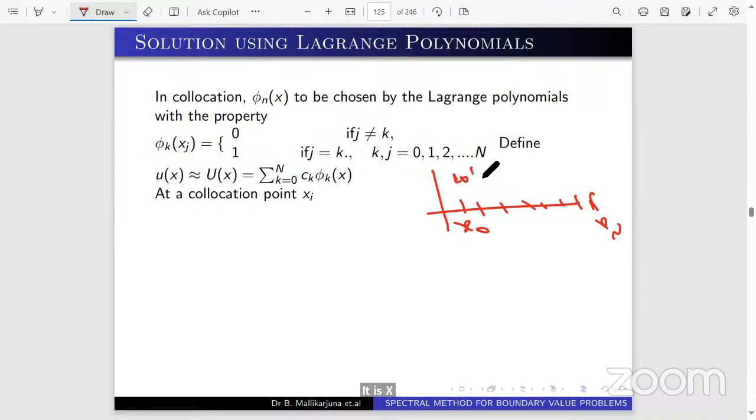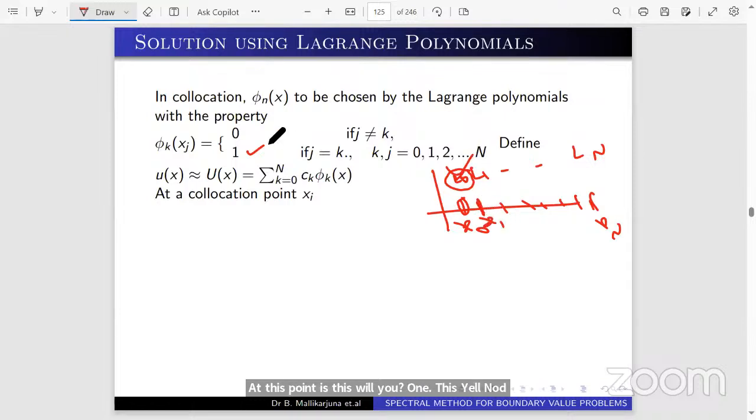There are L naught, L1 and so on up to Ln Lagrange polynomials. The Lagrange polynomial L naught at x naught gives 1. This L naught polynomial at the x1 point gives 0. So this function gives either 0 or 1 according to the Lagrange polynomials.